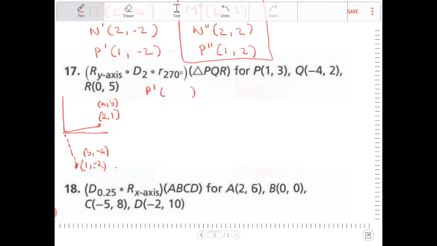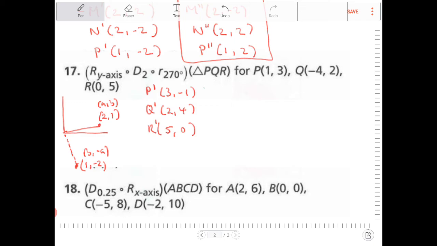So P will become 3 comma negative 1. Q will become 2 comma 4. R will become 5 comma 0. So that doesn't change.